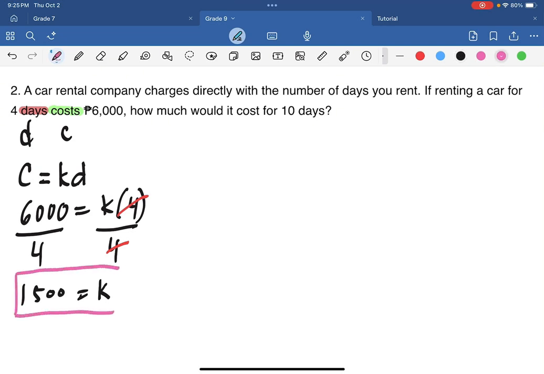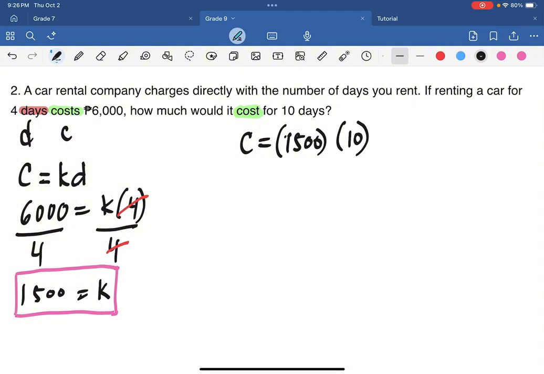Now, in the second part of our problem, it is asking how much would it cost. So again, this is a new C that is being asked for 10 days. Writing the new form of the direct variation of the situation, we have C equals the value of K, which is 1,500, times the value of D, or the number of days, which is 10.